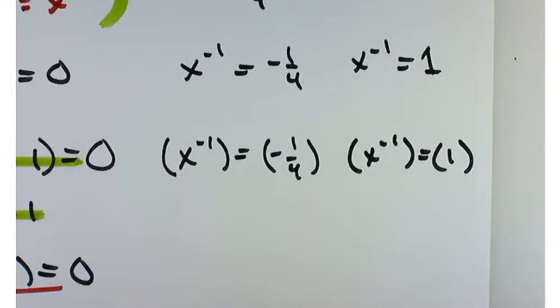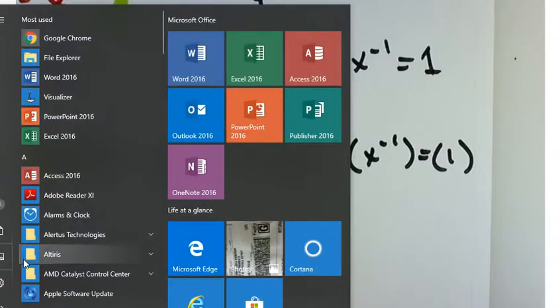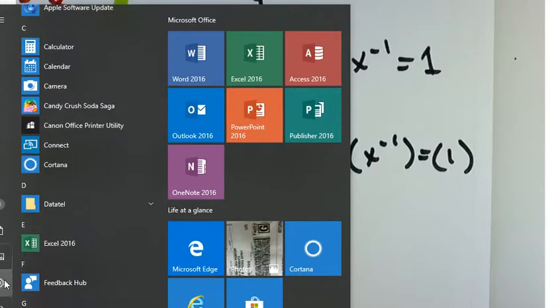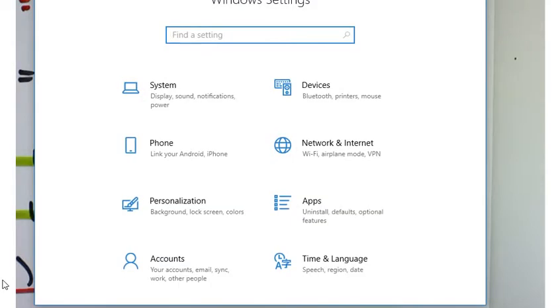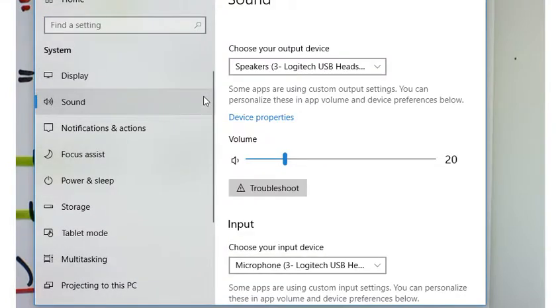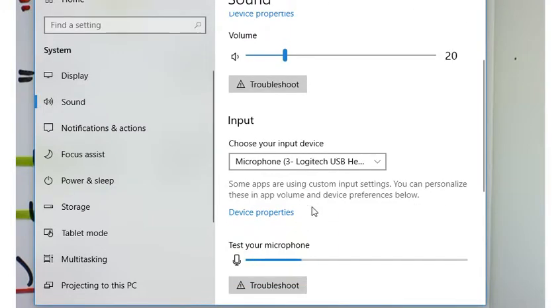Go to the window button. Settings. Okay. Devices. System. All right. Sound. Choose your input device. Logic. Oh, okay. Yeah. There we go.